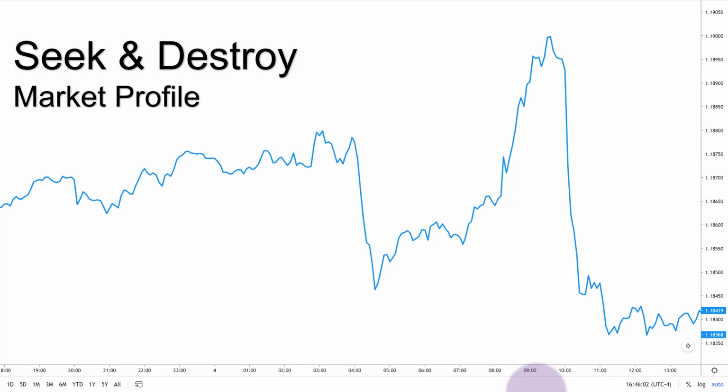So I want you to take a look at this line chart here and notice how all the swing highs and swing lows get taken out. Then there's a run up and then it crashes. We're going to go behind all of this idea and flesh out how the algorithm does something similar.